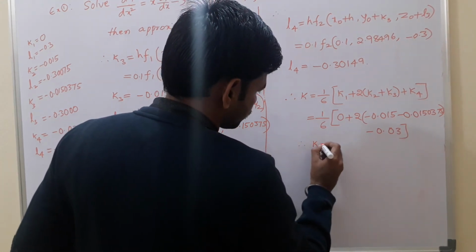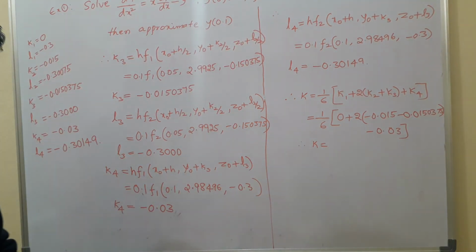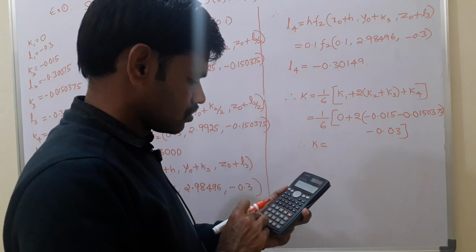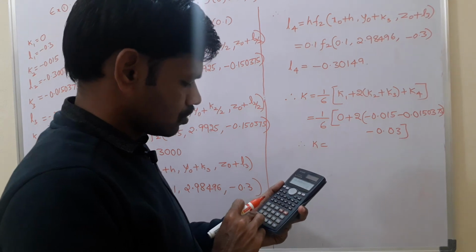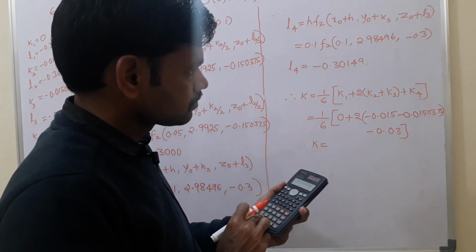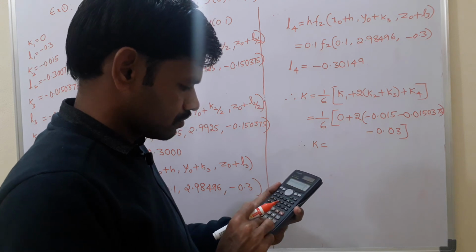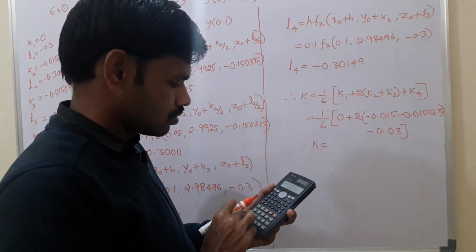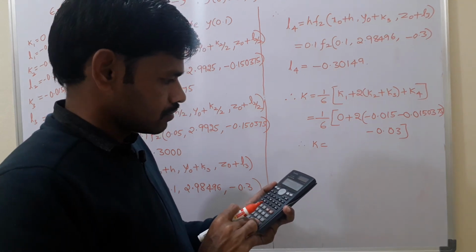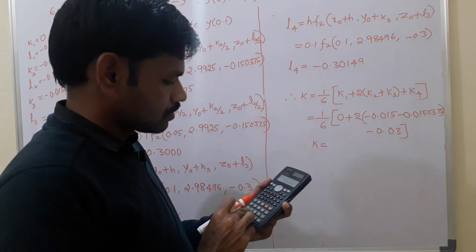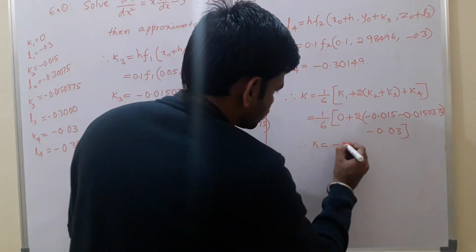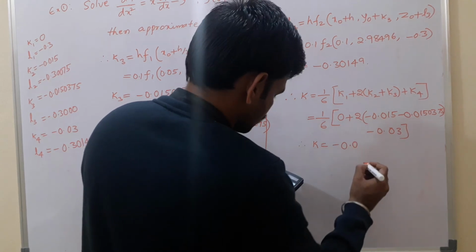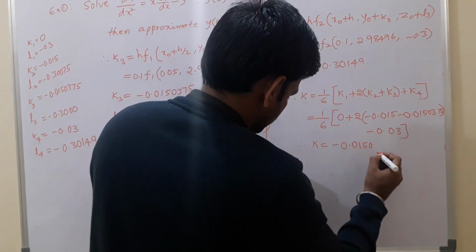Therefore k equal to minus 0.015 minus 0.0150 into 2 minus 0.03, divided by 6, we get minus 0.0150125.